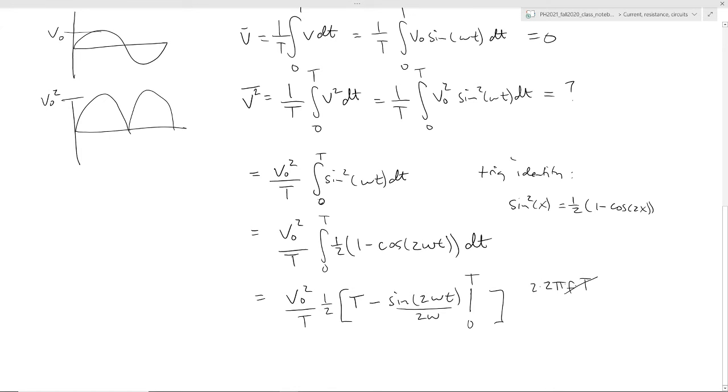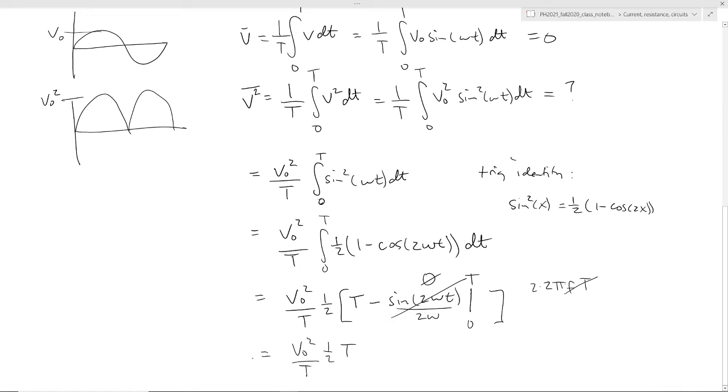So you have an integral number of 2 pi. And so the upper limit of this would be 0, and the lower limit would also be 0. So this whole thing would be 0. And so what you're left with is just v naught squared over t times 1/2 t.